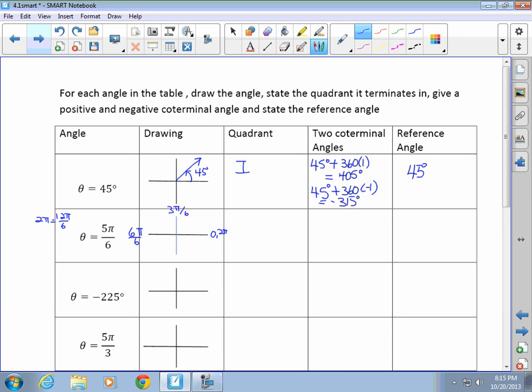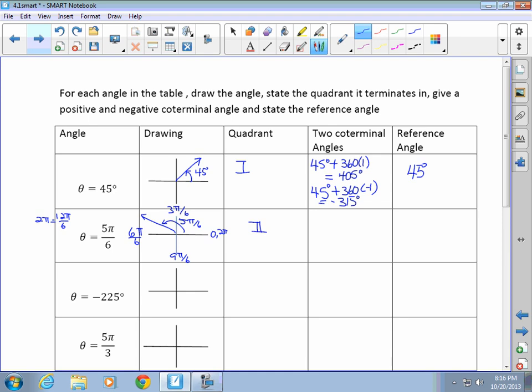Then this one here would be 9 pi over 6. So for 5 pi over 6, if 3 pi over 6 is halfway, I need 2 more pi over 6, so I'm going to about right here. So 5 pi over 6 ends up in quadrant 2.